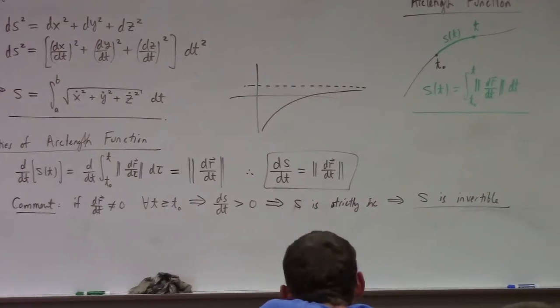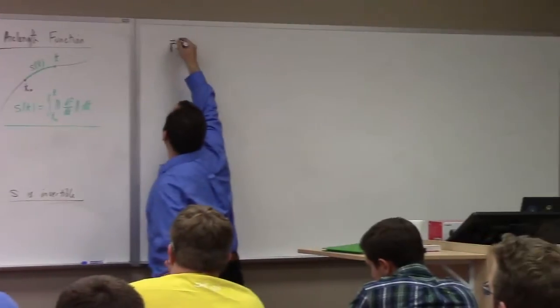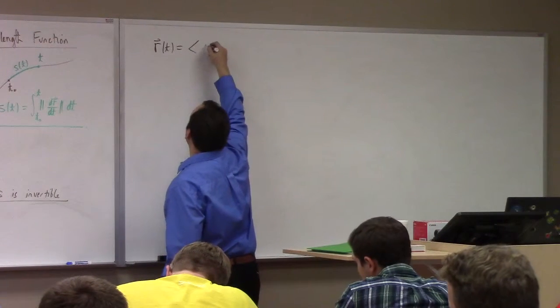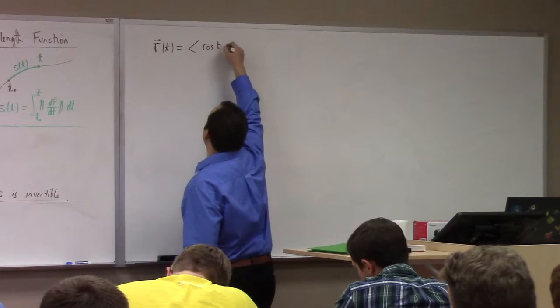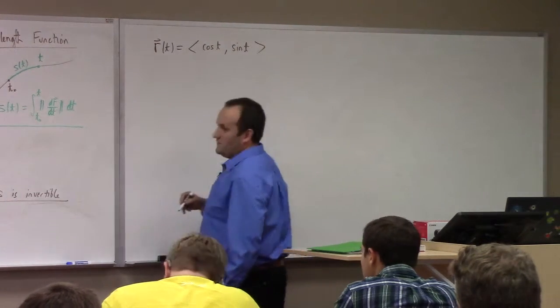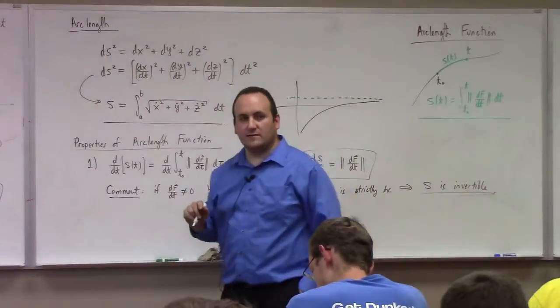If I have time, I'll show you an example. I do. Woo. So suppose you have r of t is, I'll keep it simple, cosine t, sine t. Since we only have 3 minutes, I'll do a 2-dimensional example. It will suffice to serve my point.